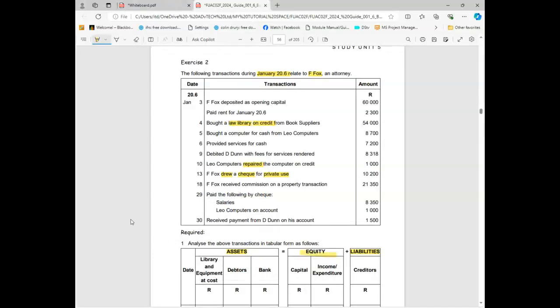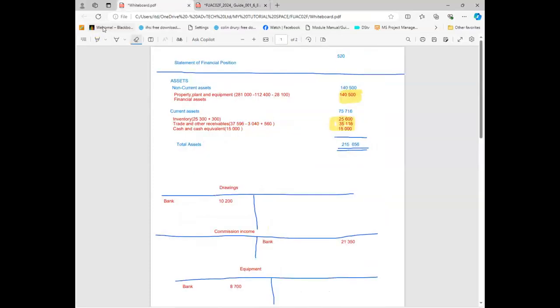29th, we paid the following by check. Okay. So for the first one, it would be bank and salary. So I'm gonna open salary here. Let me just quickly create more space.